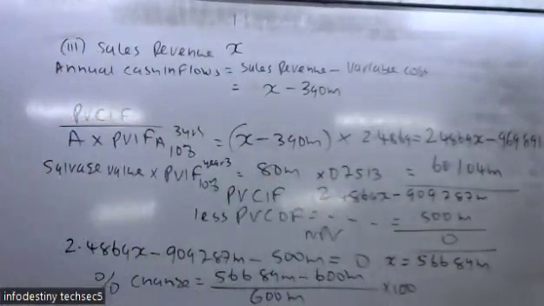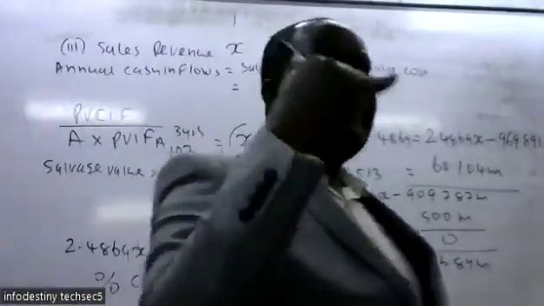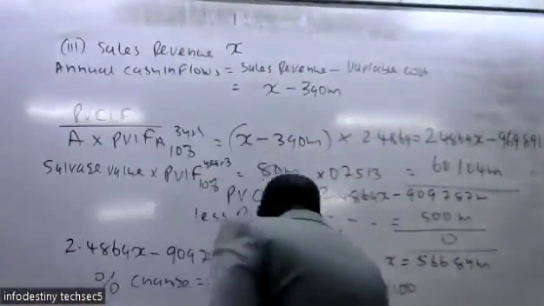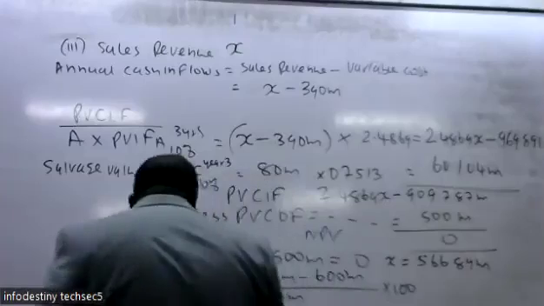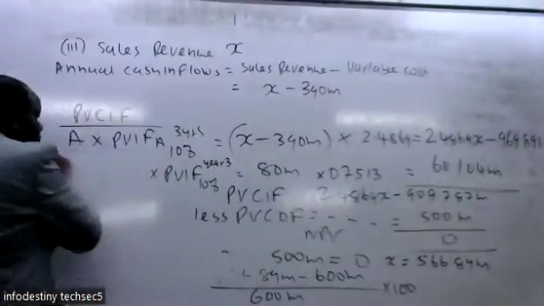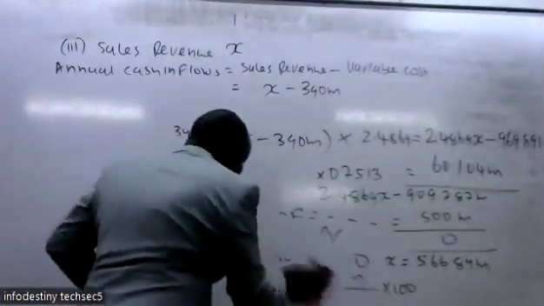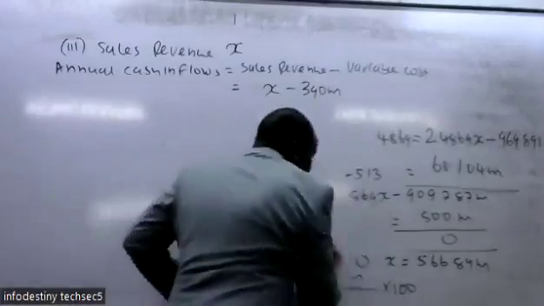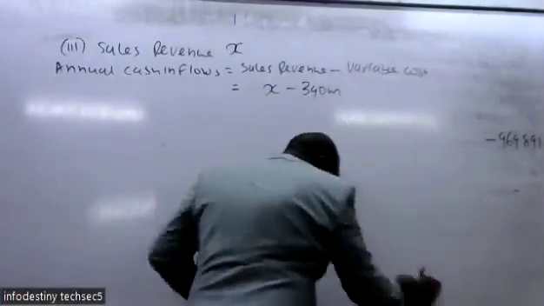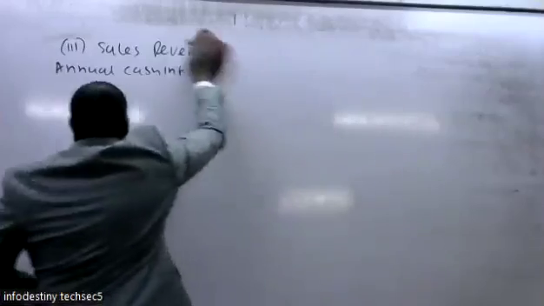First, we compute the NPV without subjecting it to sensitivity analysis. For the impact, you first calculate the NPV without subjecting the project to sensitivity analysis. Then you compute the new net present value, subjecting each variable to those particular changes.